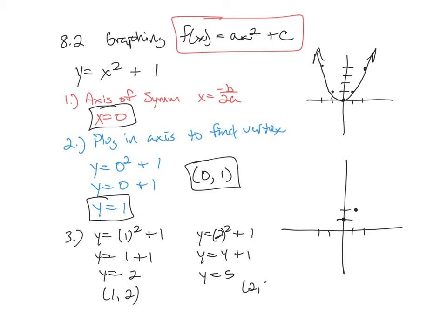So I plugged in 2, I got 5. And then, again, I should have put it in there, I forgot to: the axis of symmetry was 0. And it'll be 0 on all the ones today too. And so 1 to the right flips over, 2 to the right flips over.